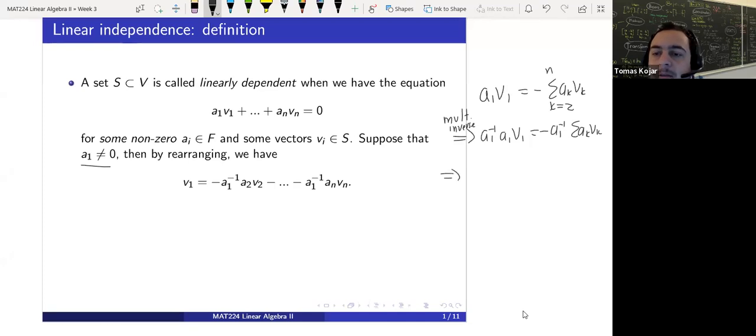Then this becomes the identity 1_F, and here you just write it as the summation of a1 inverse ak vk.